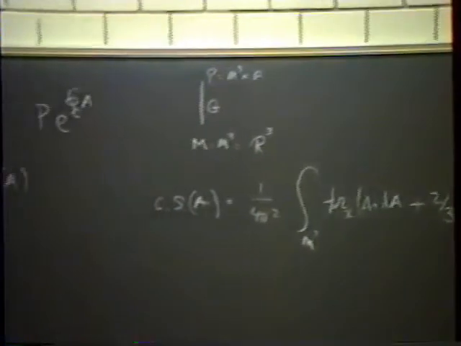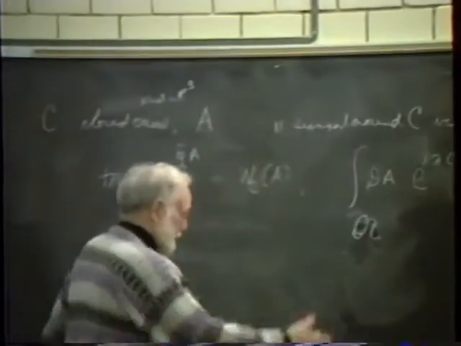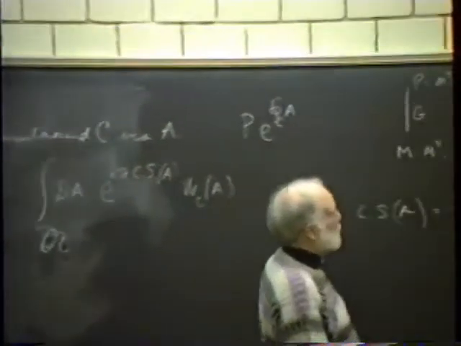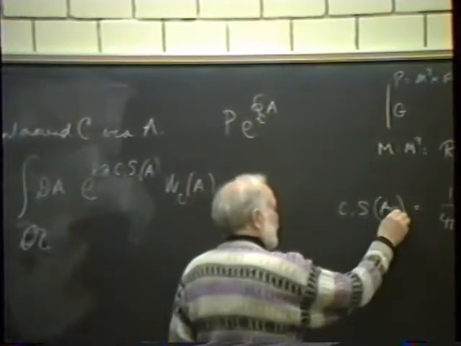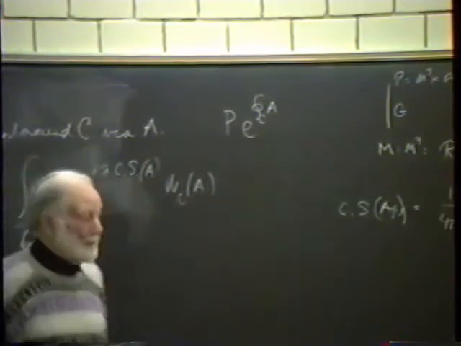That does not depend on the metric of the manifold. It does depend on the metric of the Lie algebra or on the representation you're talking about. So strictly speaking, we should talk about the group G and chi, but I will submerge that dependence.